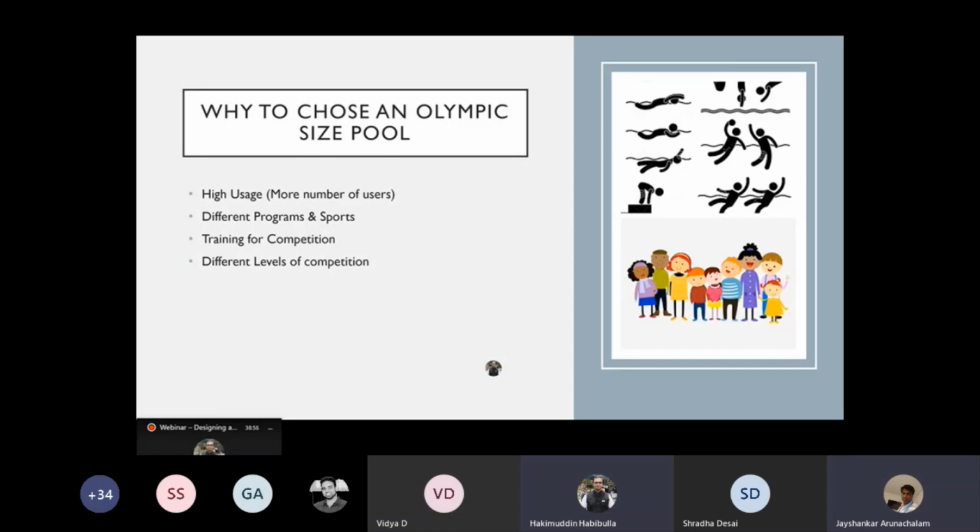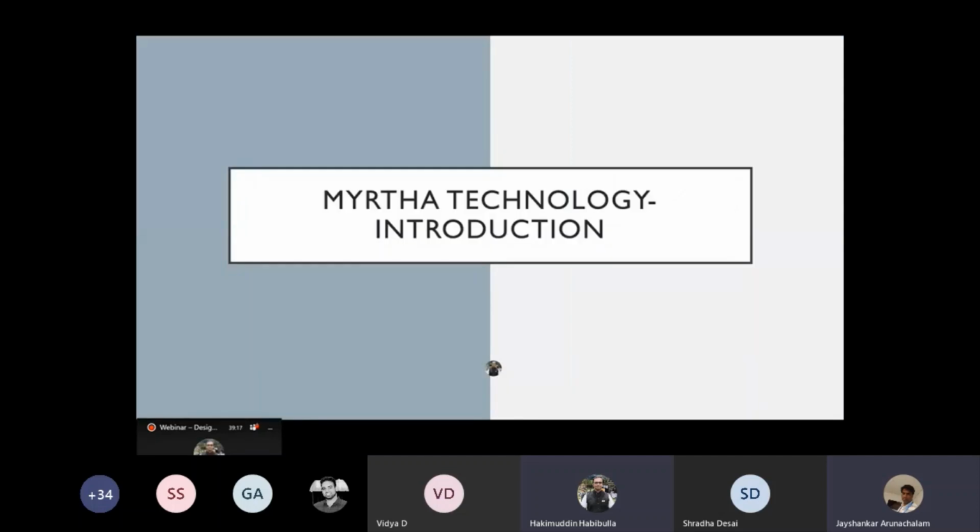We'll come to that towards the end, but I wanted to introduce the subtle difference at the point of design. When you get into the details of competition, further critical attention is required on the dimensional tolerances and other aspects such as circulation, which my colleague Jaishankar will now take forward, introducing MYRTHA Technology and how it facilitates meeting the FINA requirements.